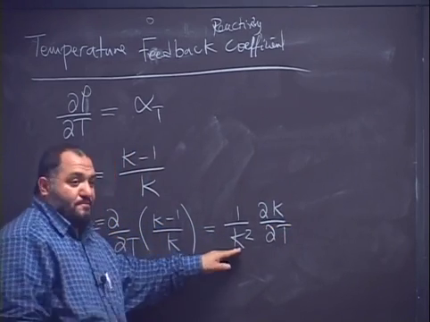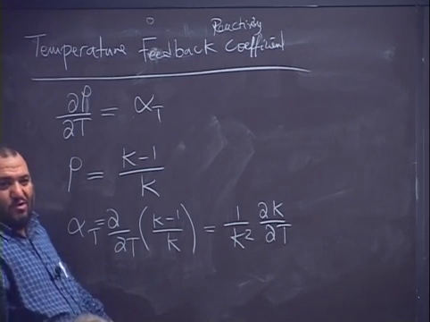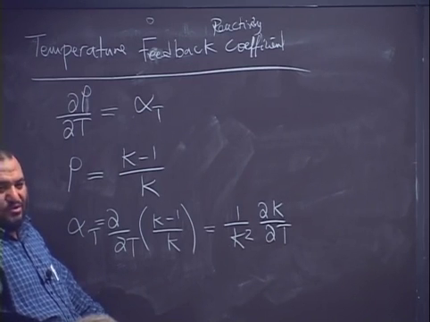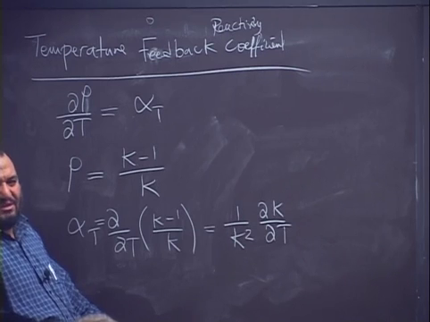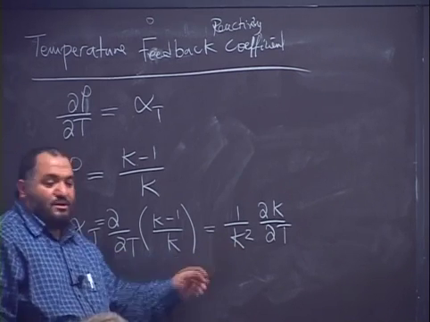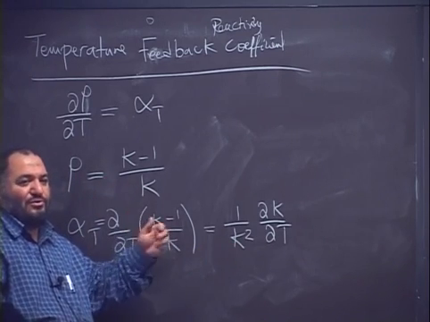But usually K is a small value above 1, the effective, not the infinite, multiplication factor, so usually K is 1.0 something, like 1.02.